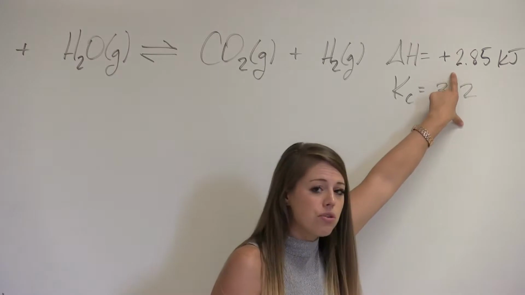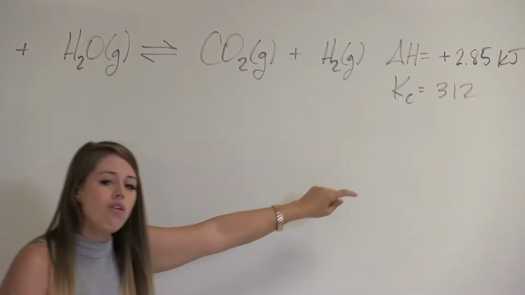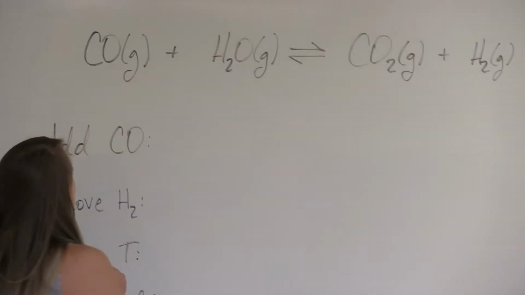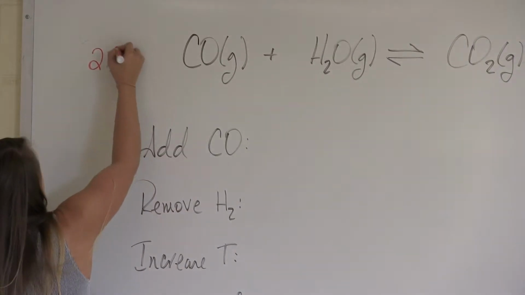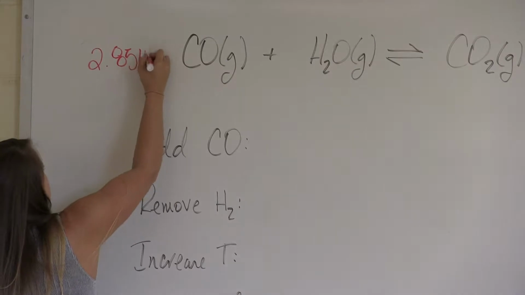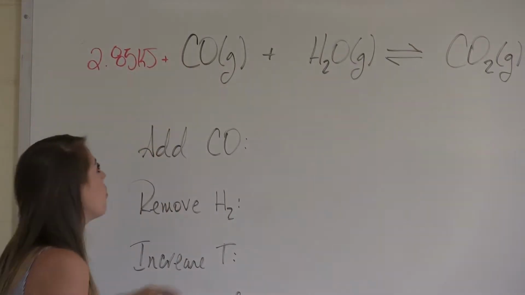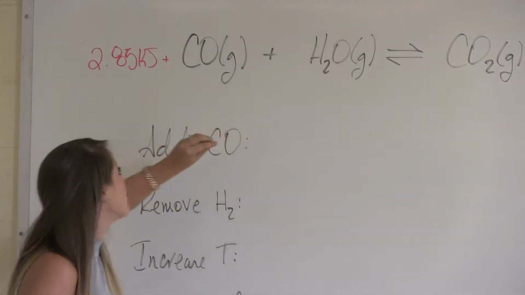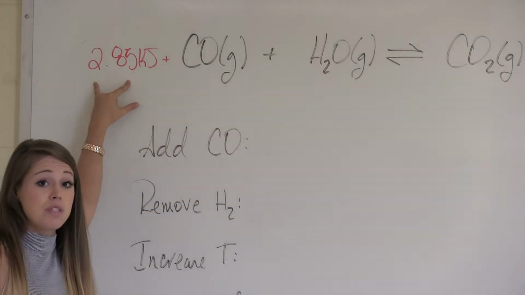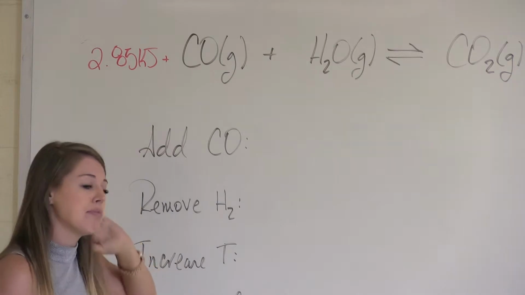If it's an endothermic reaction, that means it's involved on the reactant side. So I'm going to go ahead and put that over here, because what this is saying is in order for this reaction to happen, we not only have to have 1 mole of carbon monoxide and 1 mole of water, but we also have to have 2.85 kilojoules of energy in order for this reaction to happen.